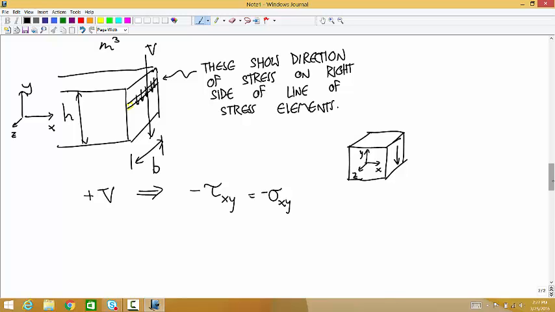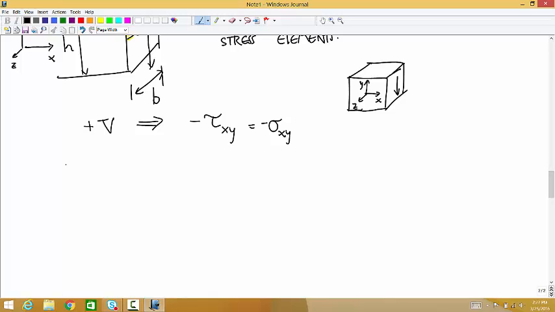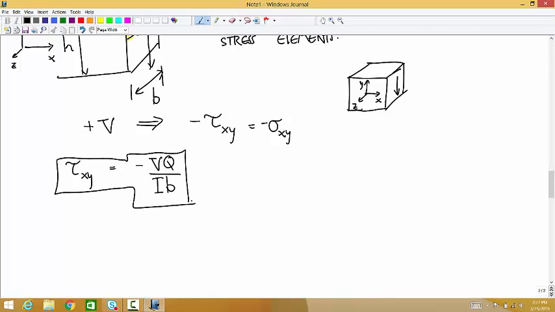Okay, and the calculation is like this. So tau xy is equal to negative V times Q over I b, where b is the width of the cross section at the desired location.